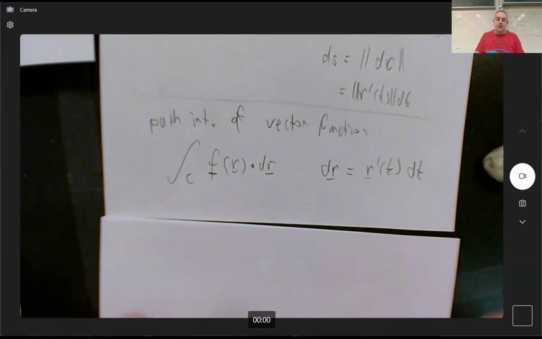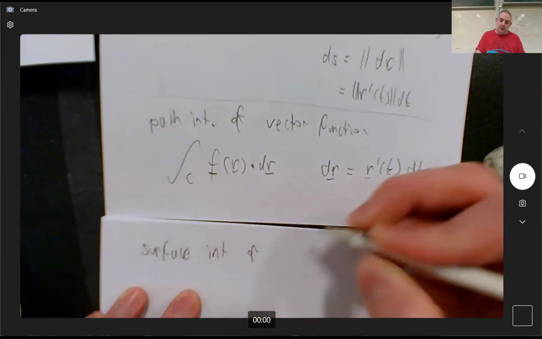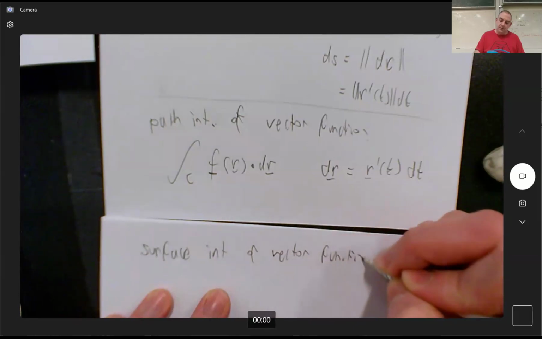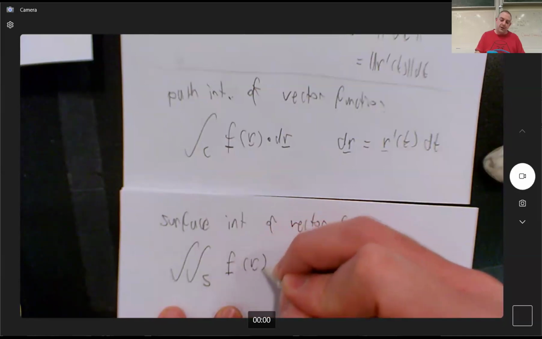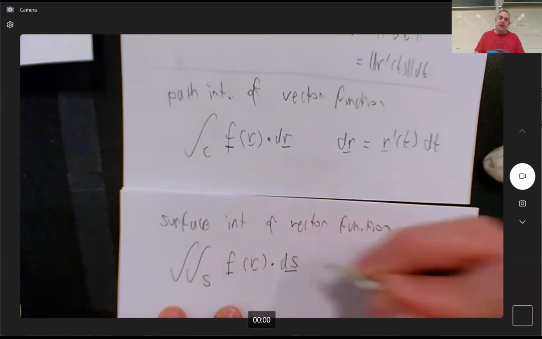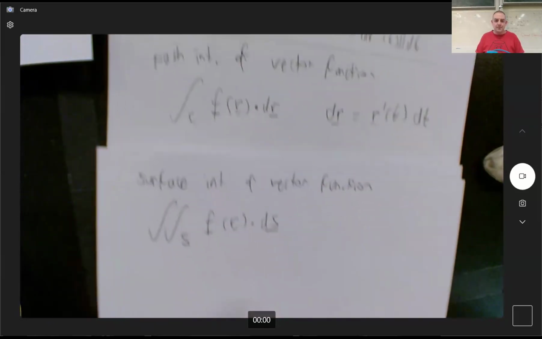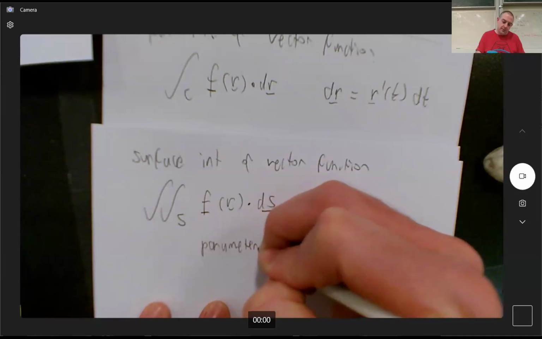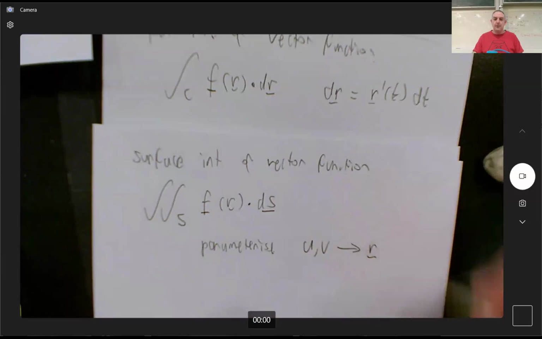What else have we got? Surface integral. Integral of a vector function will be like a double integral across the surface of f of r dot d bold s. I think that's right, the notation. And you'll go, cool, cool. Parameterize so that u and v go to the position r.